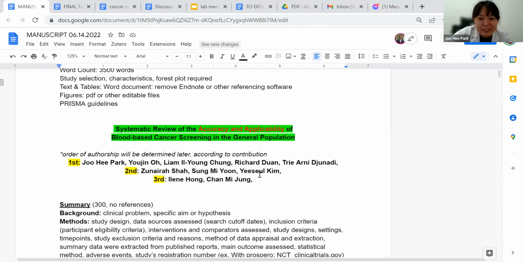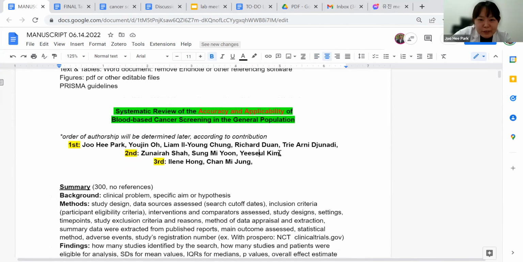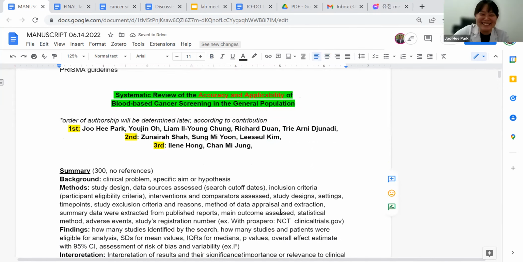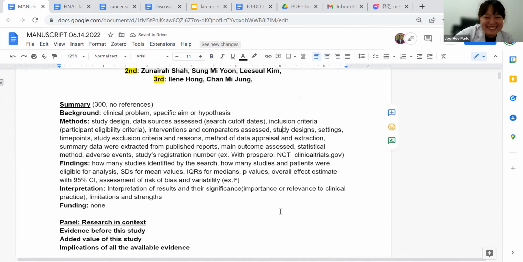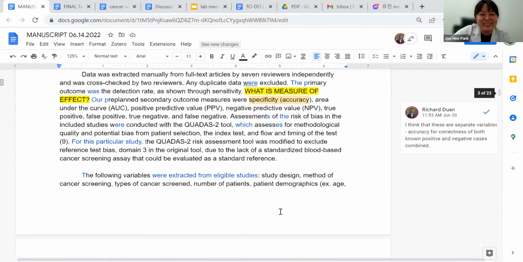I put Yisul. Her name actually starts with L. Oh, wait, what? I don't understand. Liesel? Yeah, that's how she spells her name. Oh, my bad. That was me. Okay. Yeah, I was gonna send over this manuscript after.